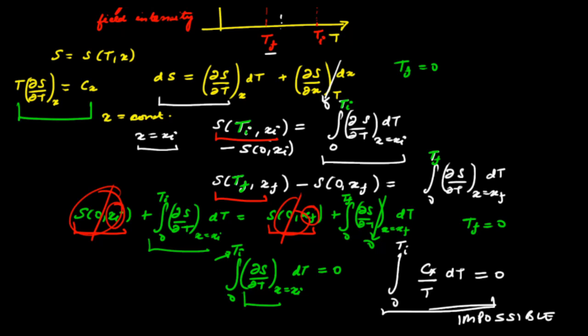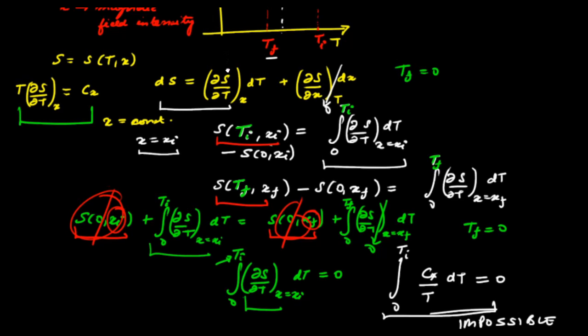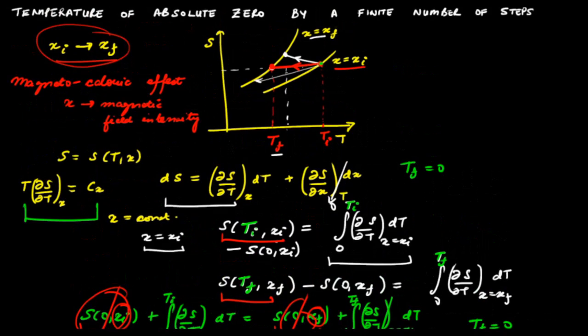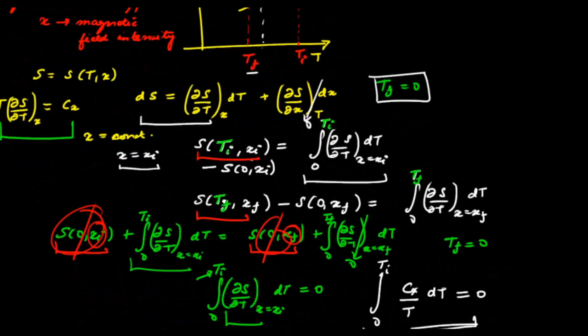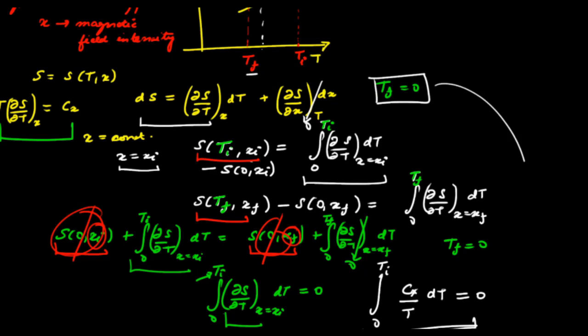Therefore, what we have shown here is that we started off with an assumption that through a finite process where we change the independent thermodynamic variable from Xi to Xf in a reversible adiabatic process, we can cool the system to a lower temperature Tf, and we said that we can cool to Tf equals 0, which gave us this equation.